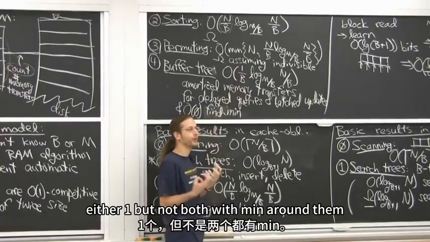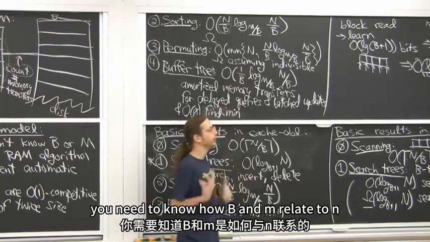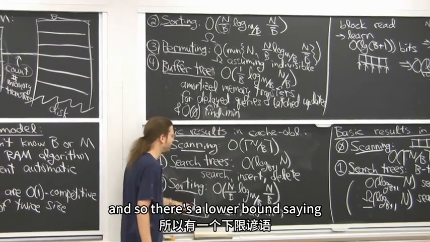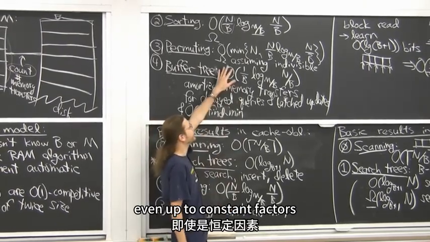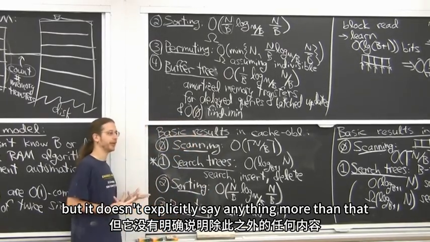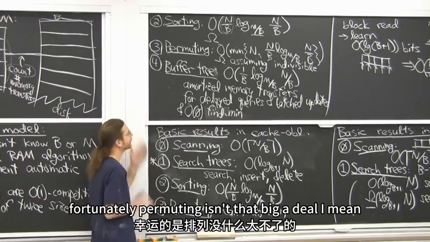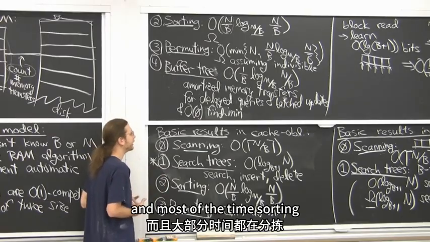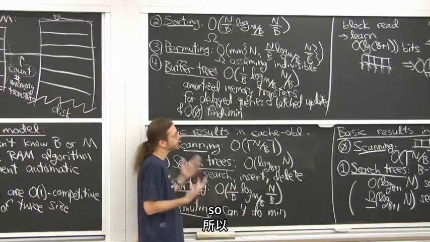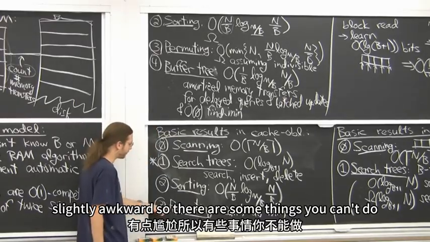Either one, but not both with a min around them. Because to know which one to apply, you need to know how B and M relate to n. And you don't here. And so there's a lower bound saying you really can't achieve this bound, even up to constant factors. But it doesn't explicitly say anything more than that. So a little awkward. Fortunately, permuting isn't that big a deal. Most of the time, the sorting bound is much faster than the n bound, so not so bad. But slightly awkward. So there's some things you can't do.